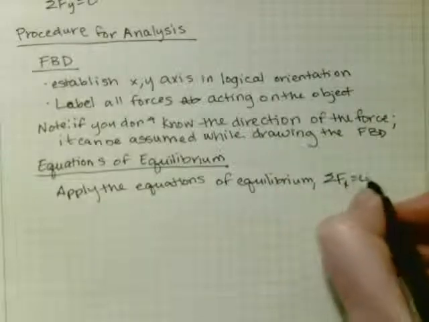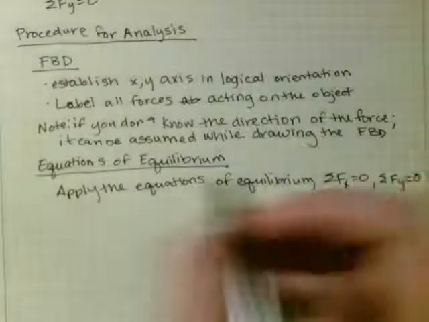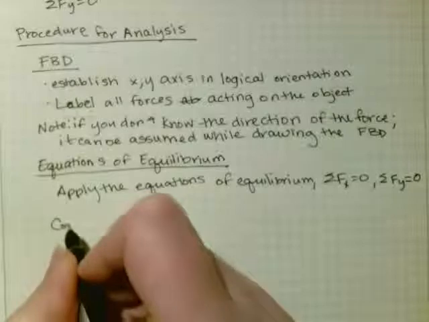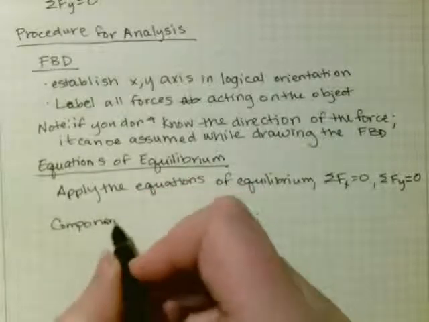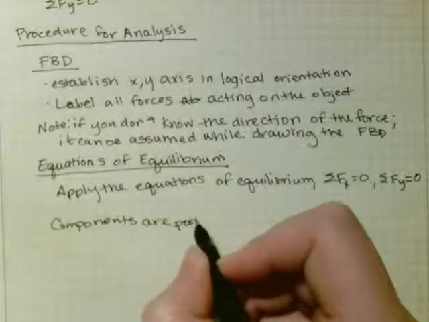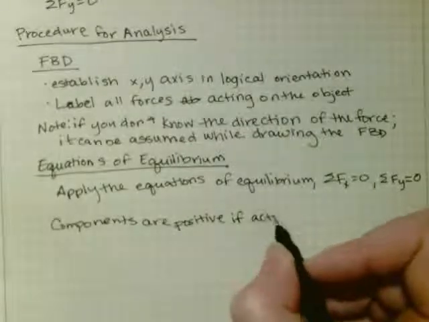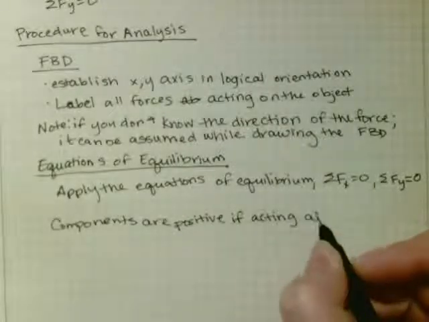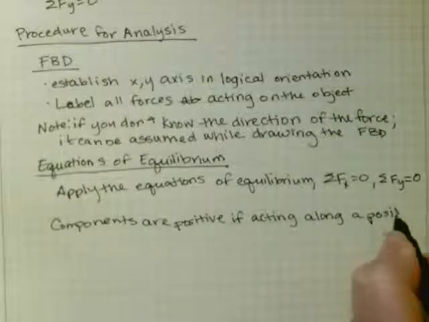So the sum of your forces in the x direction is going to be equal to 0, and the sum of your forces in the y direction is going to be equal to 0. Components are positive if they act along a positive axis.